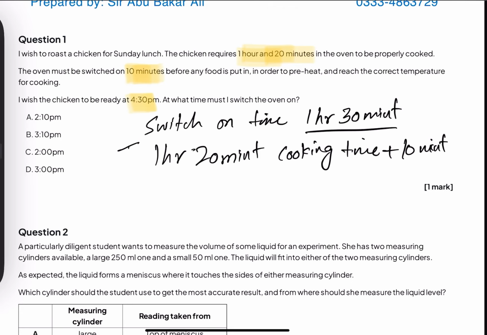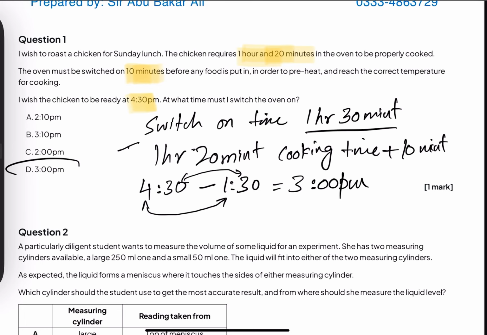Okay, so 4:30 you need to serve, minus 1:30, so you have to subtract hours from hours and minutes from minutes. That will give you 3 p.m. Okay, so it's option D.